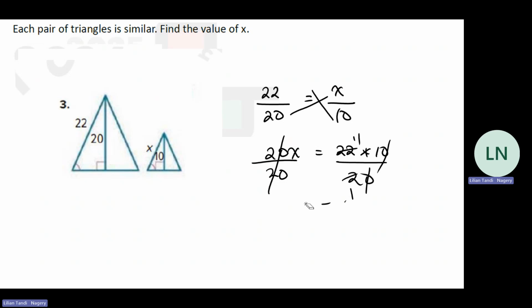Your answer should be 11. X equals 11. We discussed in class, we have to practice how to solve without using the calculator. You need to make your brain think. When you're using the calculator, it's the calculator thinking, not you.